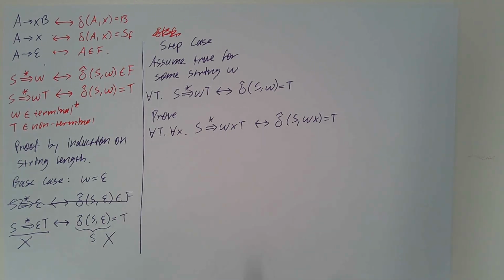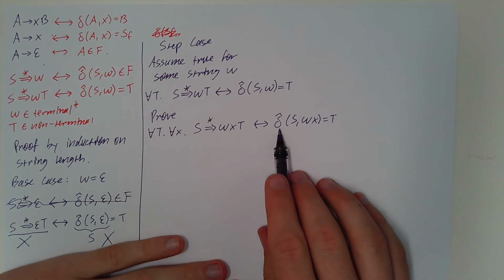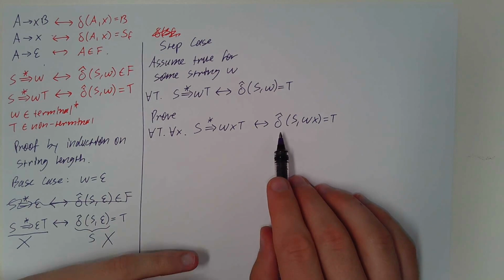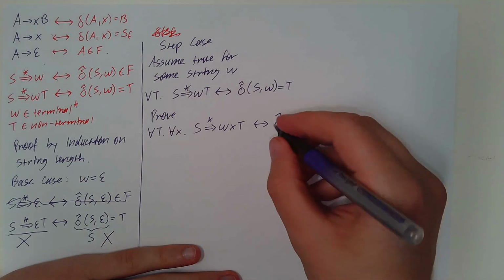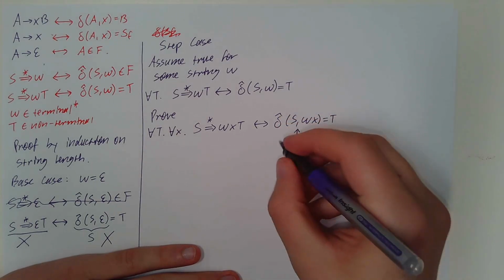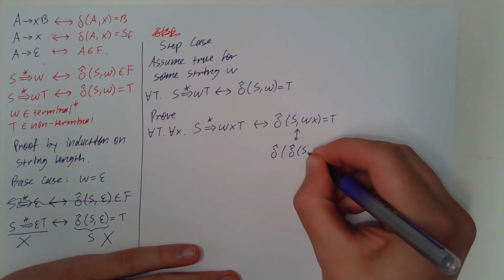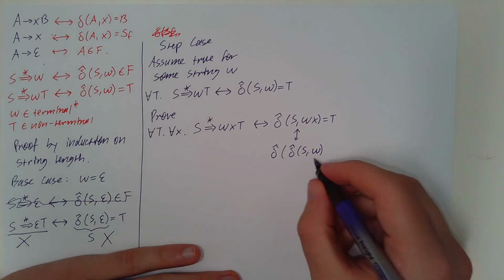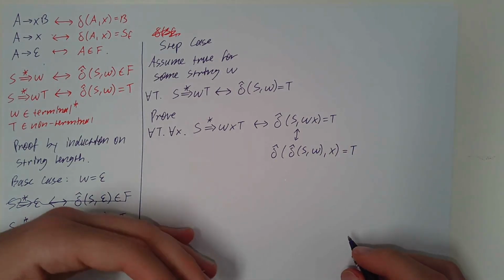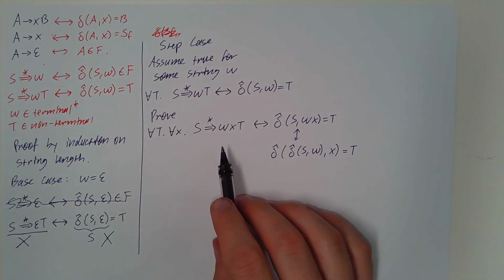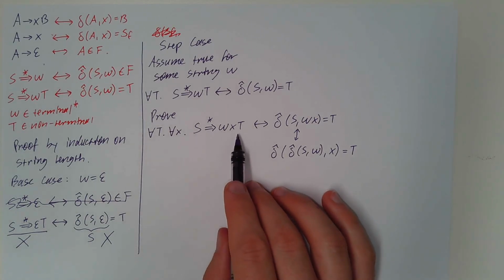Let's prove this, starting from the right-hand side. We can use the append theorem to break this up, because you can read the W first. So this is true if and only if from the starting state, reading W takes you to wherever, and then reading the X afterwards takes you into T. From the left-hand side, when can S derive this string?